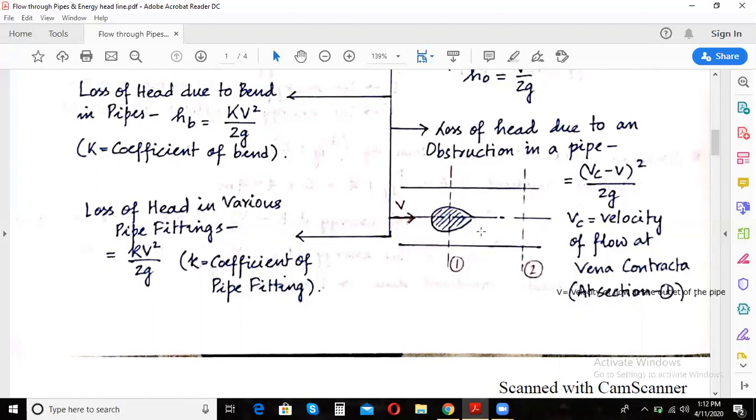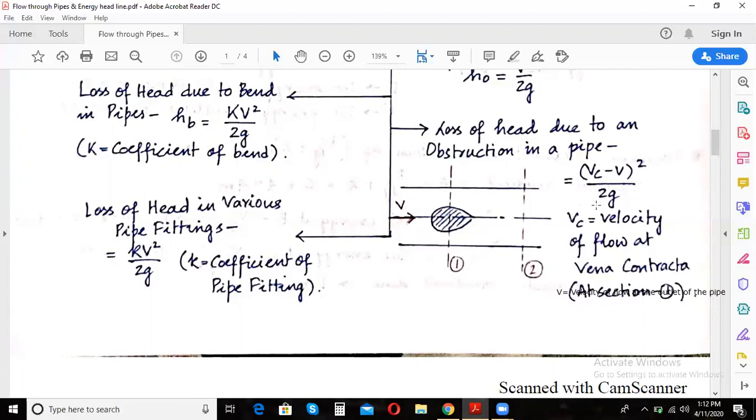So what is Vc? Vc is the velocity of flow at vena contracta. Vena contracta means the region of contraction. So this is my region of contraction in the pipe, and the velocity of flow in the region of vena contracta, the one which is passing through section 1, is taken as Vc, and the normal velocity of flow that is occurring through this pipe is taken as V. So the head loss between two sections is given as what?